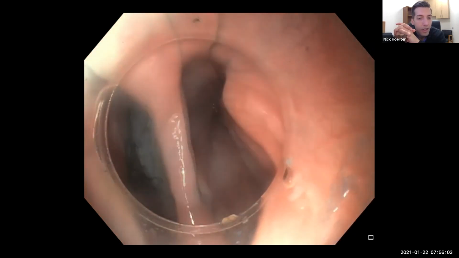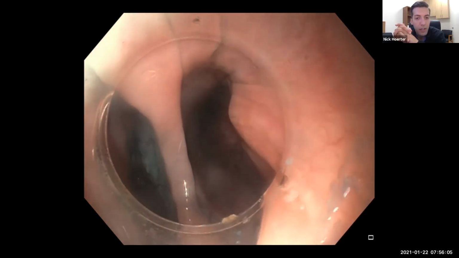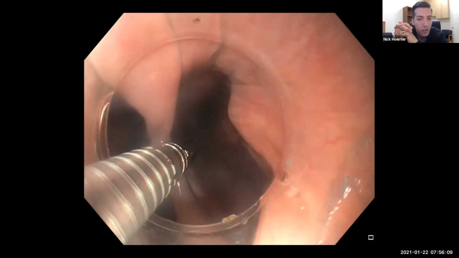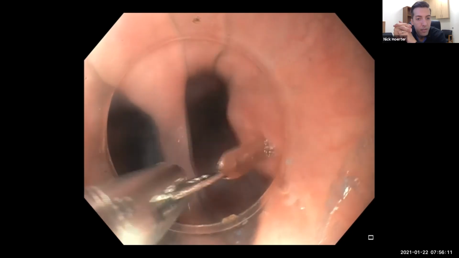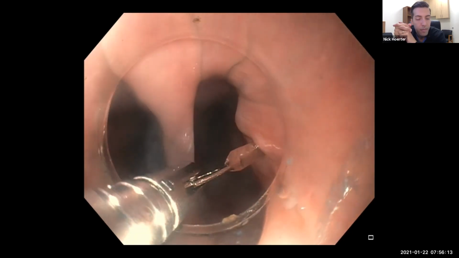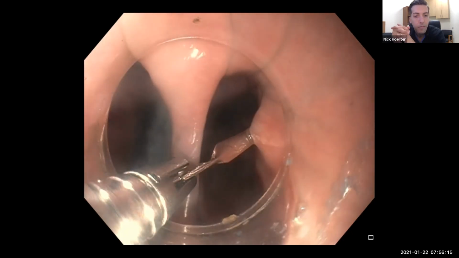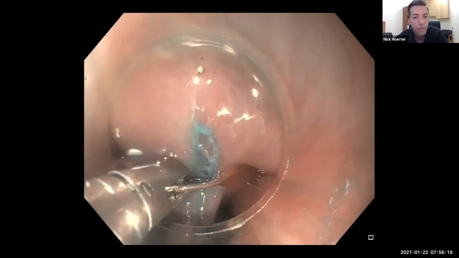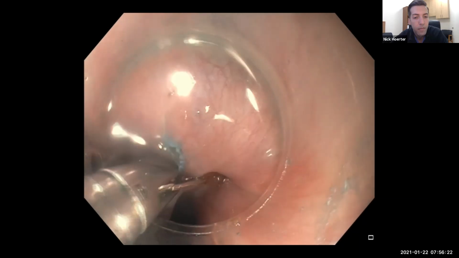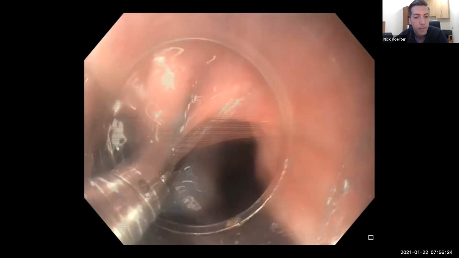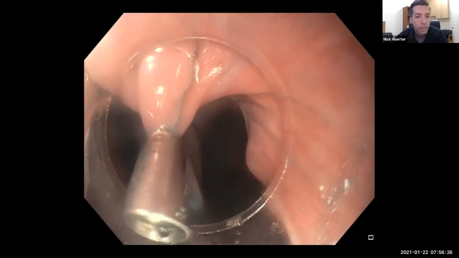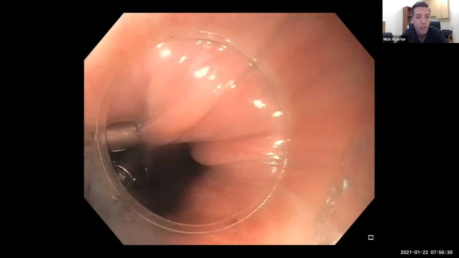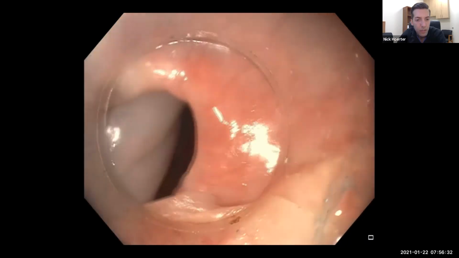Now the next goal is to just close that incision, which is closed with clips. And that's just zippered up with 5 clips, which stay in place.